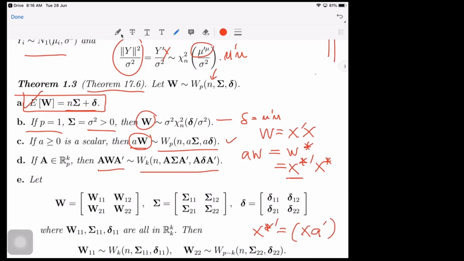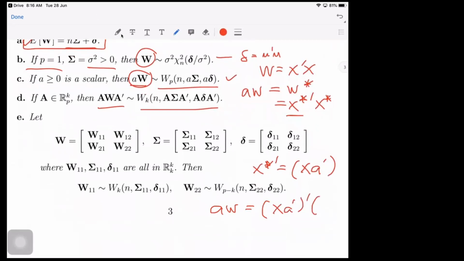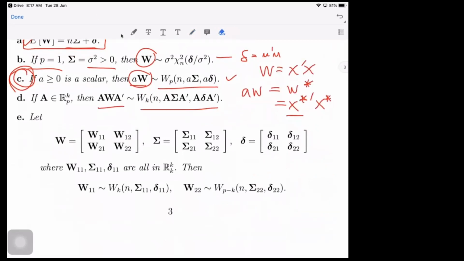So if that is x or x star, so to get AW, so you will have XA star prime, then XA. So this is wrong. So what's the correct? What was X? A to the 1/2 X. So X star was A raised to the 1/2 X.